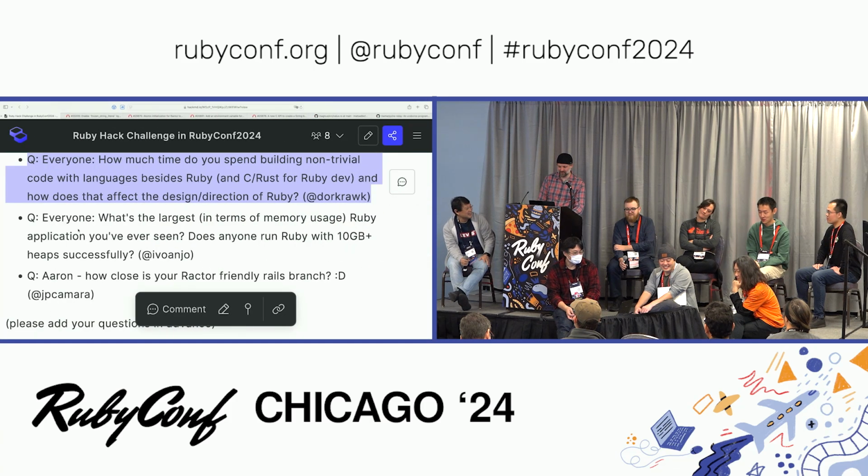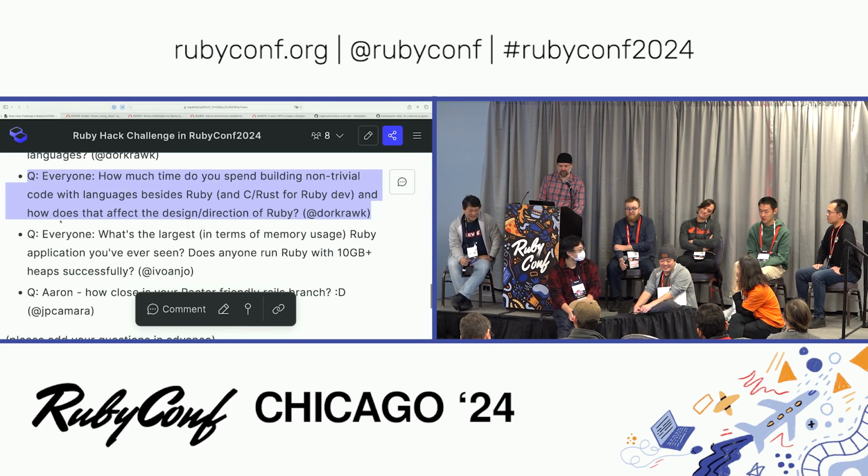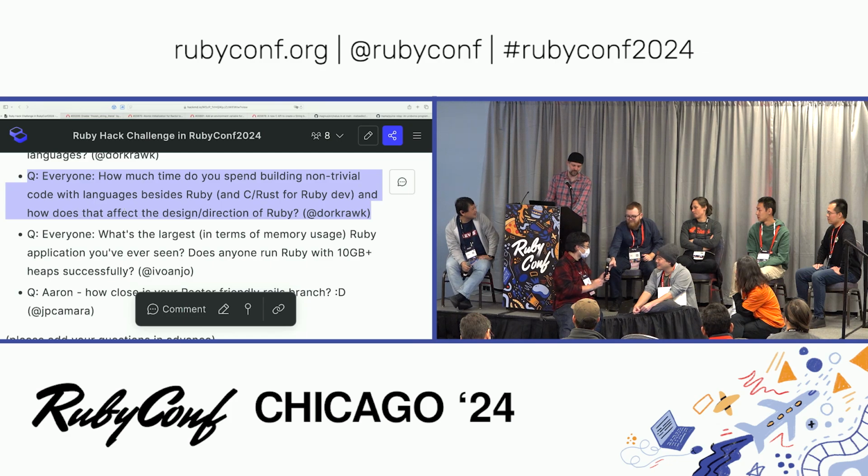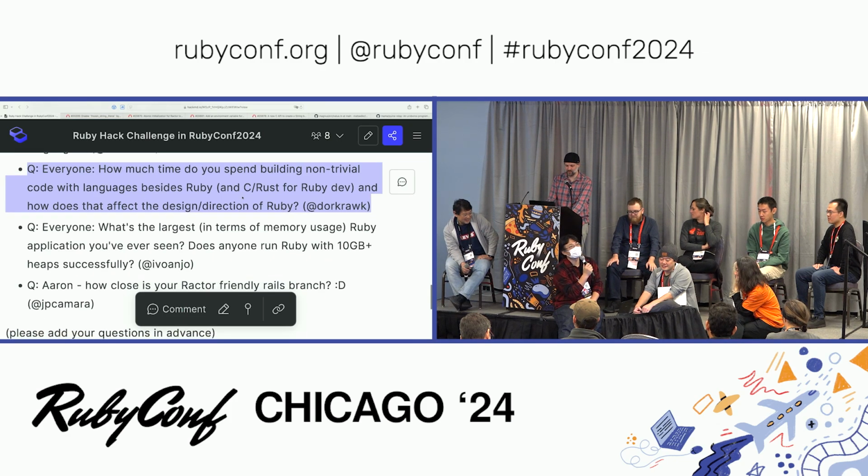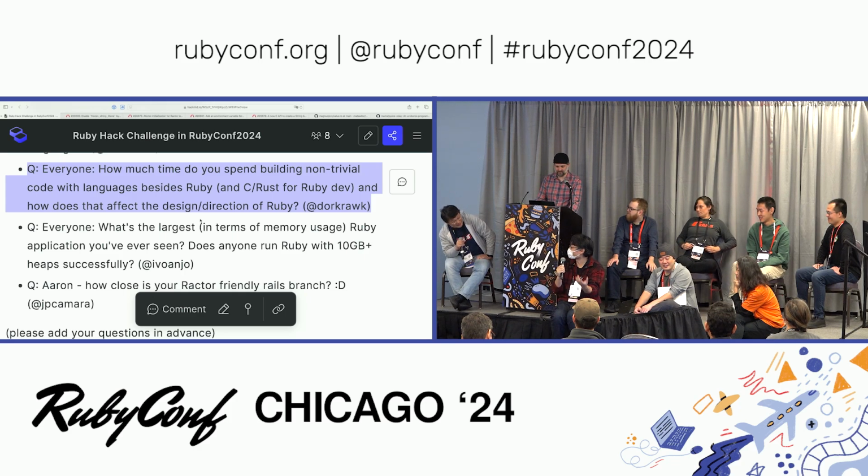Okay. Let's see. Koichi, do you build anything besides Ruby or C? So recently I made the debug gem, a debugger of Ruby in Ruby. So I feel that Ruby is a fantastic language. Very easy to write.